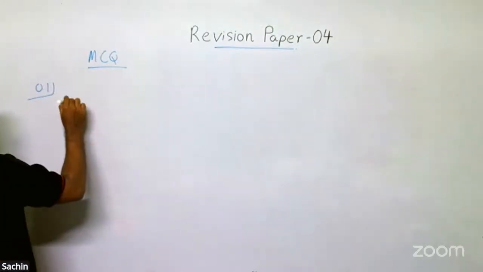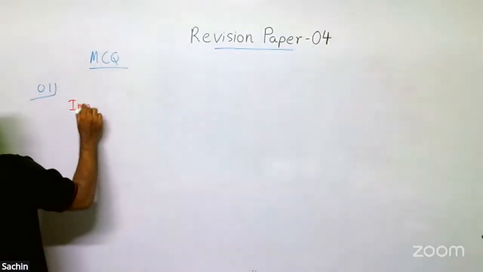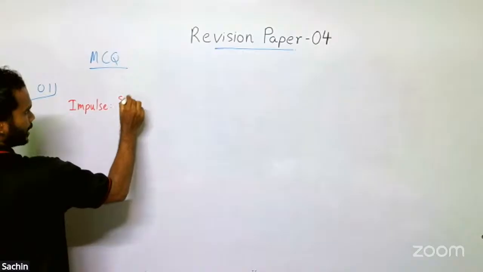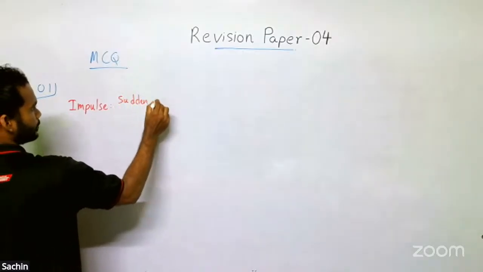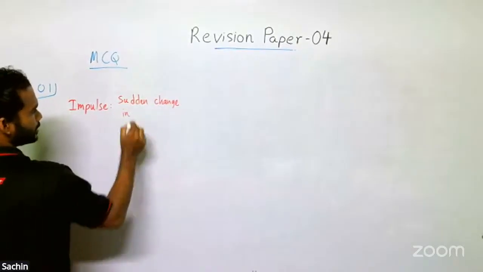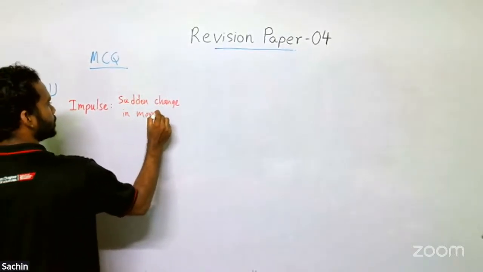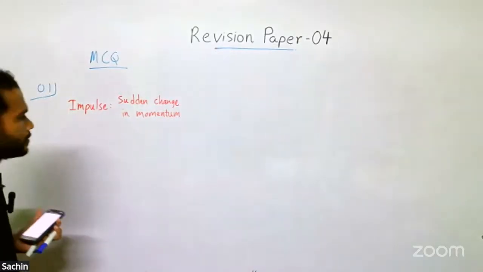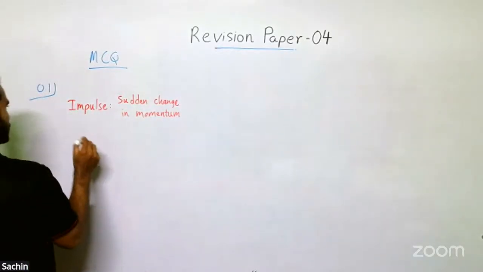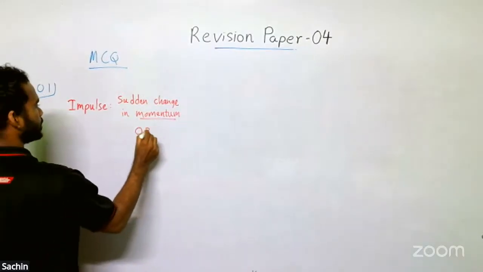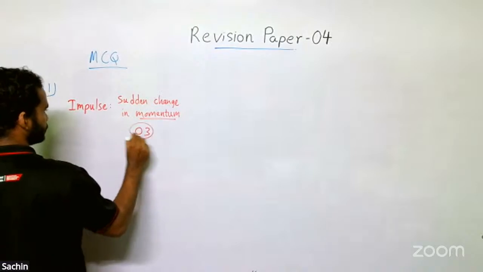Okay, so impulse, if you take the definition, impulse is nothing but a sudden change in momentum. So it's kind of a type of momentum. So impulse has the same unit as momentum. So the answer is the third option.